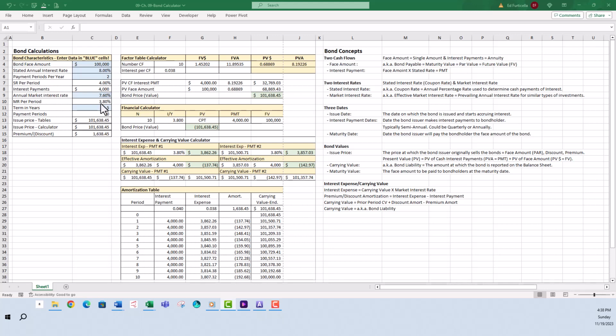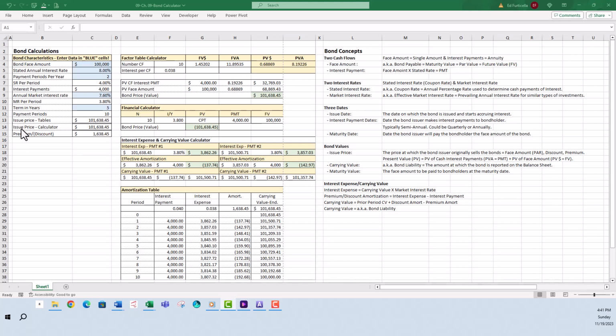Since the term to maturity is 5 years, we say that we have a 5-year bond. So the bond is going to be out there for 5 years and then it will mature. Well, if it's out there for 5 years and it's semi-annual, then the payment periods over the life of the bond are 10. We now have the data we need to determine the bond issue price, also called the bond value, at the time that we are issuing the bond.